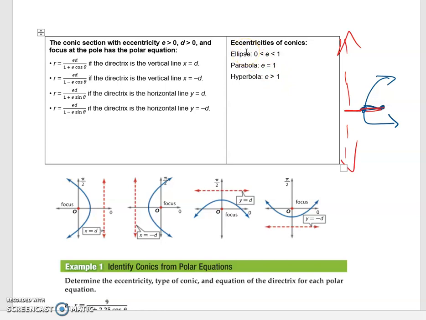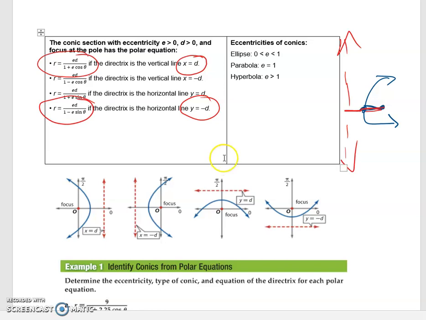Depending on where our directrix is, in this case we have x equals d, let's say d is positive here, then we're going to have this form of the equation. In turn, down here, if we have y equals negative d, then our equation is going to be in this form.